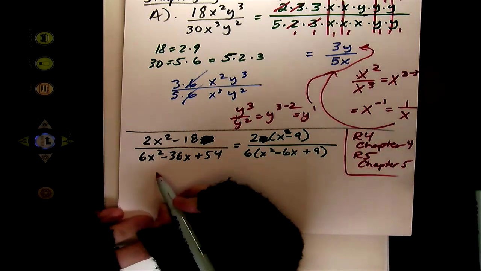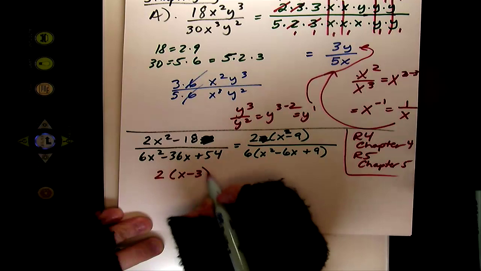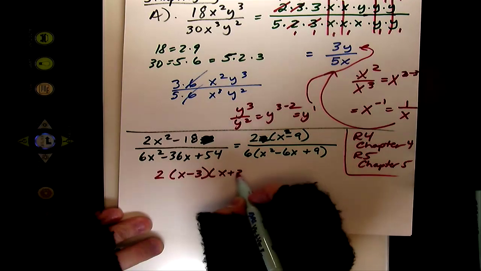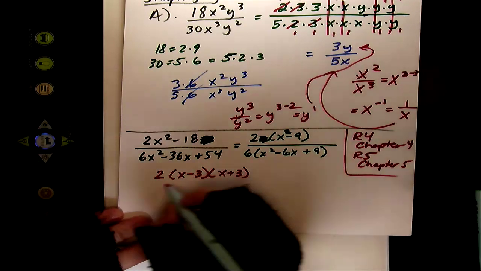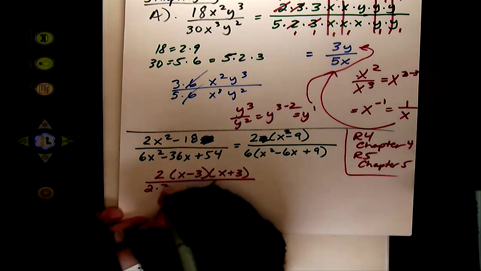So x squared minus 9 is a difference of squares. It turns into x minus 3 and x plus 3. And when you factor the bottom, 6 is 2 times 3.